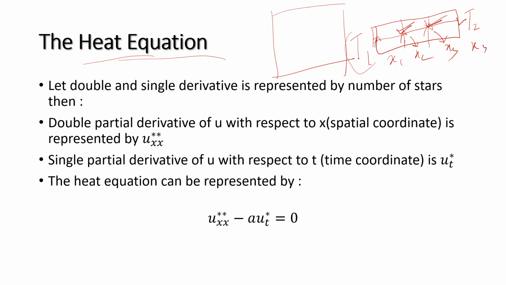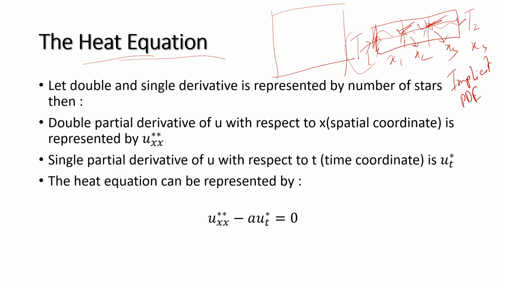That means, suppose I apply some heat here, and then after some time the heat will start to flow through the steel rod. So I am saying that when I have applied the heat T to this part of the rod, at that time what is the value of temperature at this point and this point? So this becomes a problem of implicit PDE or implicit solution, whatever you will say.